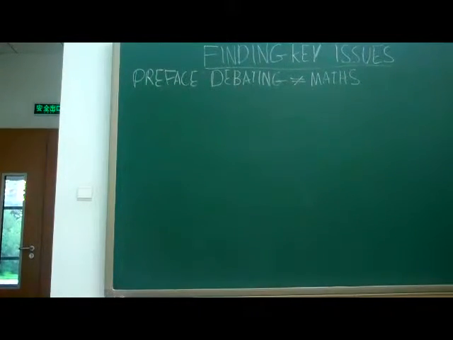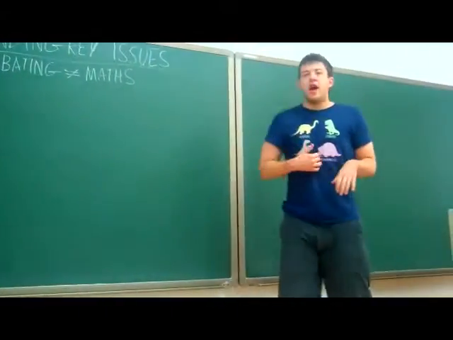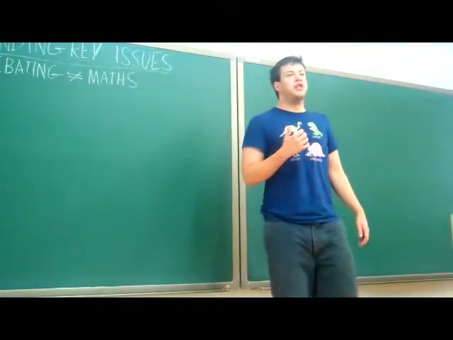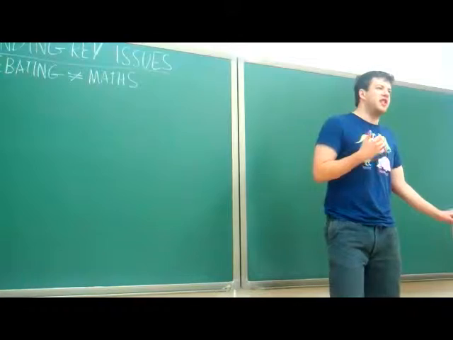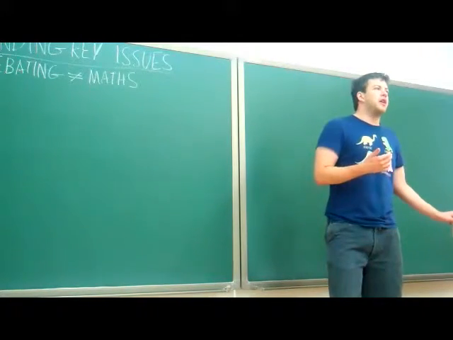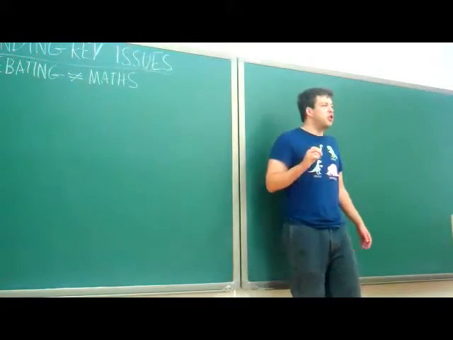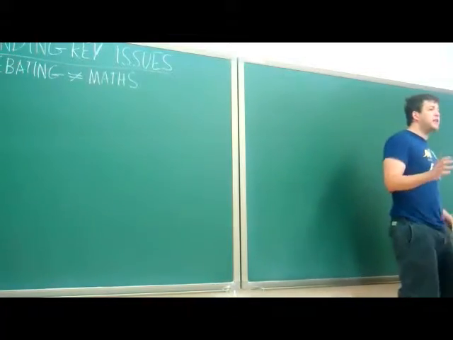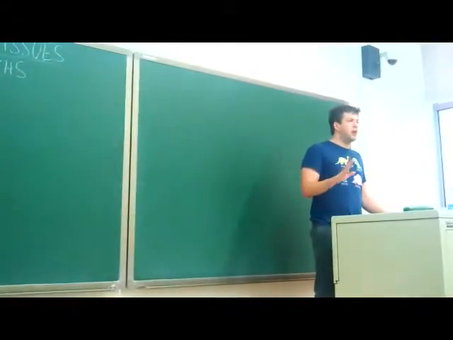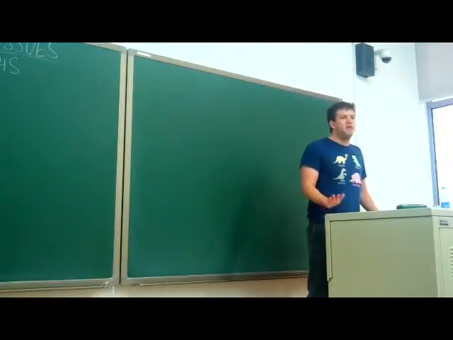So that's why we've brought the intermediate groups together this morning, because this lecture is about a common problem for you in debates: how you find the most important issues in a debate. How you decide what it is, on both sides, you really should be arguing about. What is this debate really about?